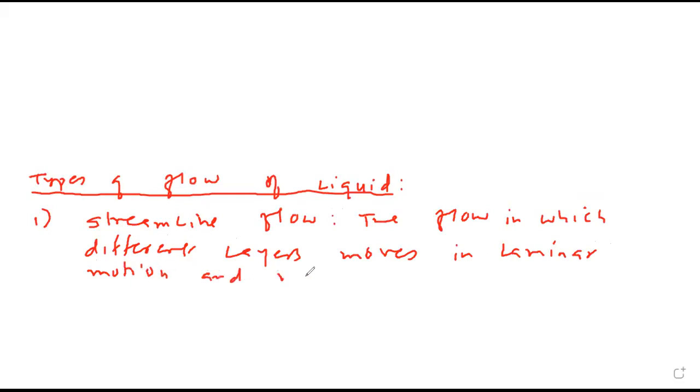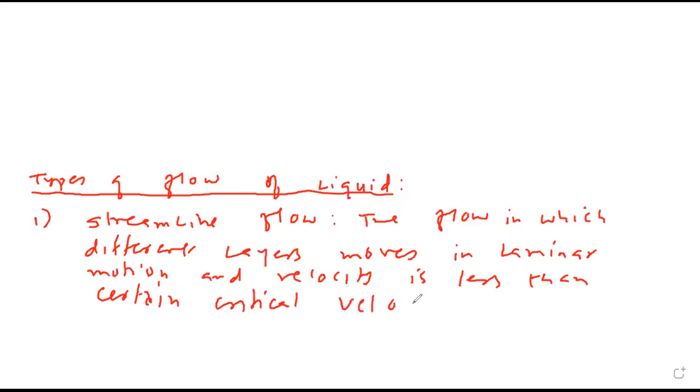And velocity is less than a certain critical velocity. Every liquid has a certain velocity, above which it starts spreading. So depending upon that liquid, if velocity is less, then it moves in a straight line without moving in the opposite direction. That is called streamline flow.